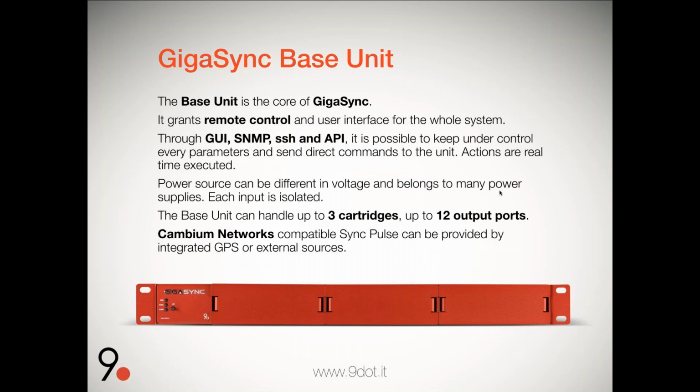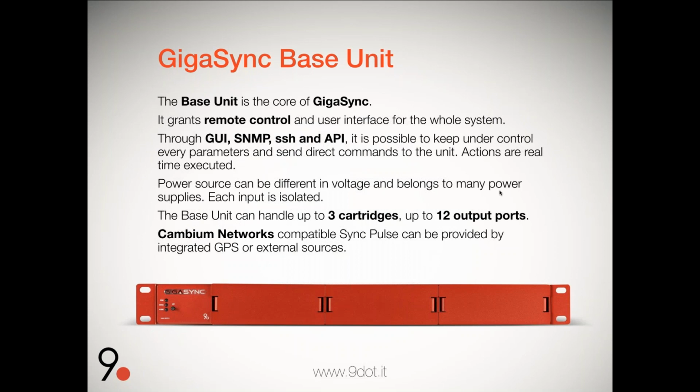Is it possible to plug 3 different voltages, one for each cartridge? So you can power every kind of device with 3 different sources: 24 volts, 48 volts, minus 48 volts, everything you need, up to 12 output ports.